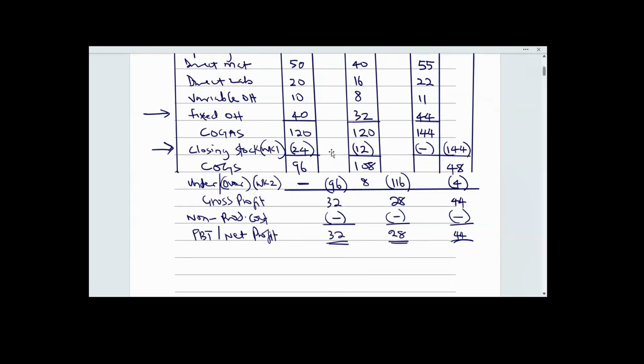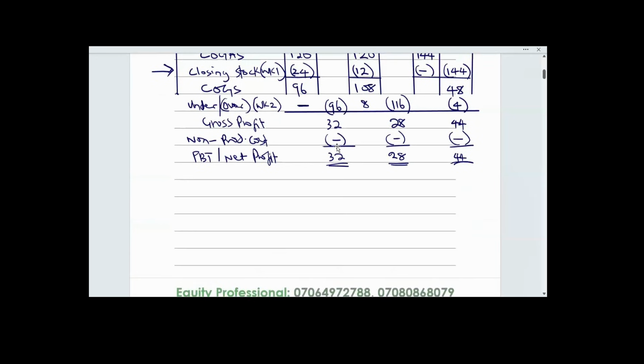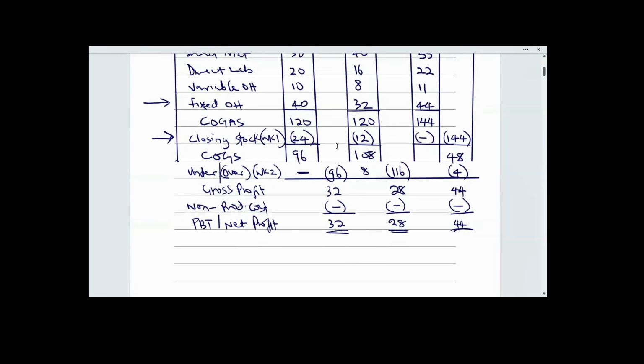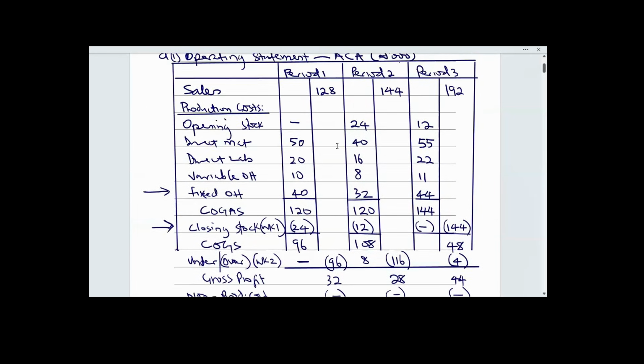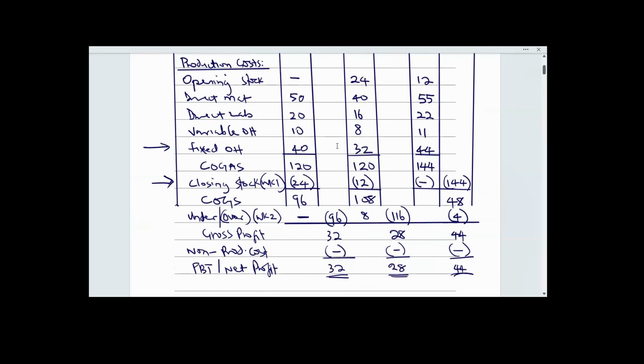All right. So the next one we want to do. Sorry, sir, for the cost of goods sold for the third period, I believe it should be 144. Yes, 144 before we now remove the over-absorption.